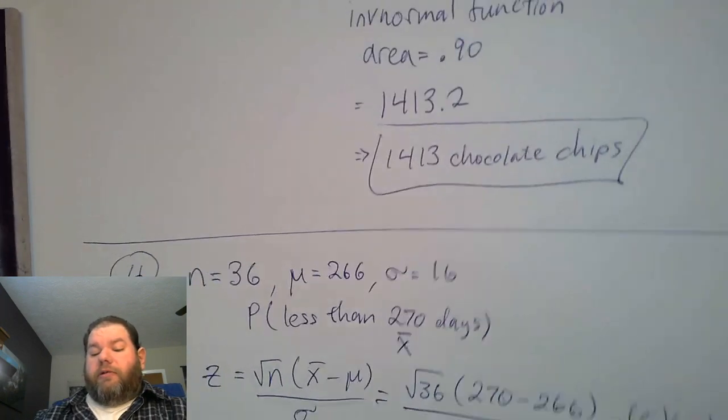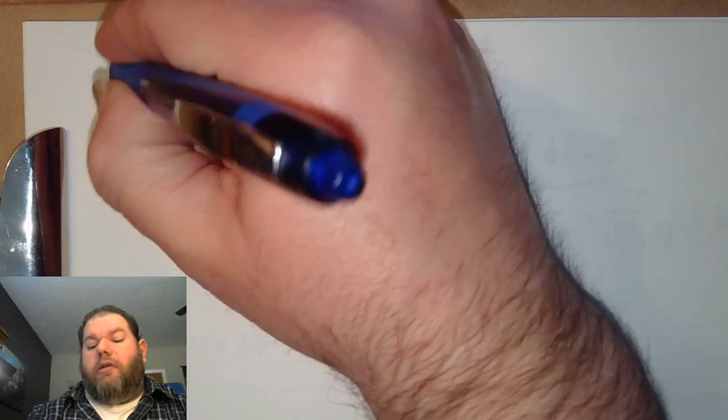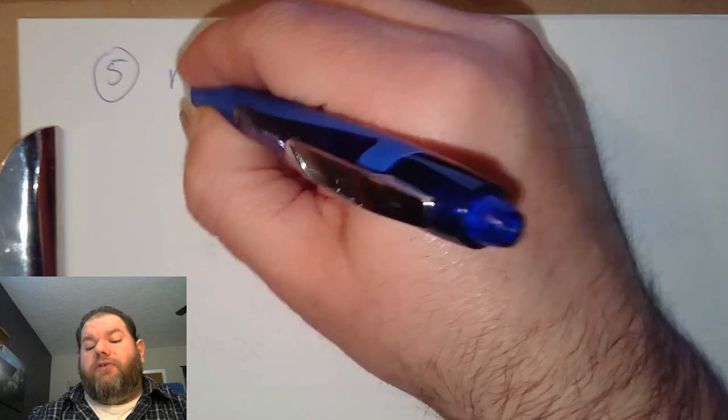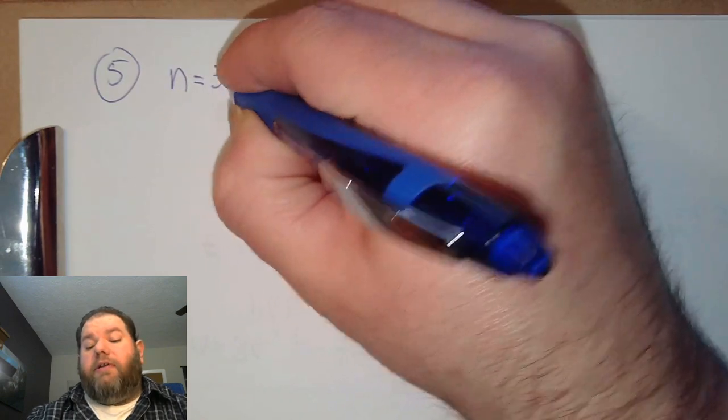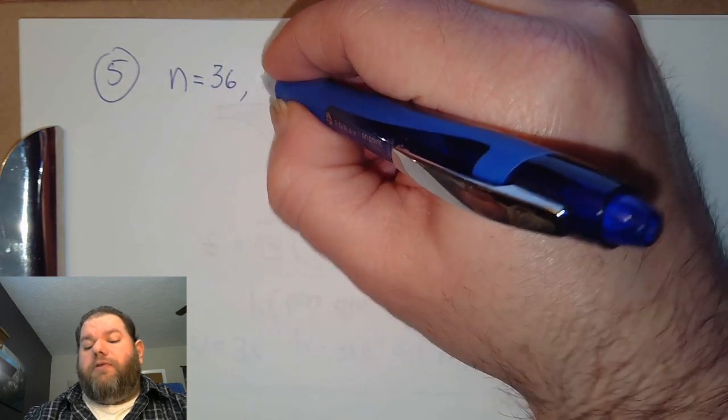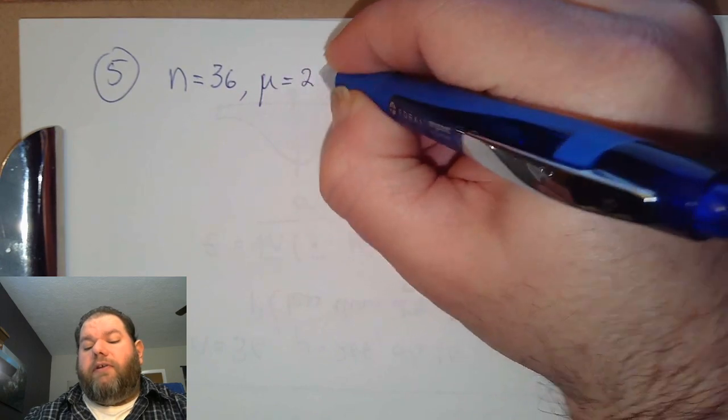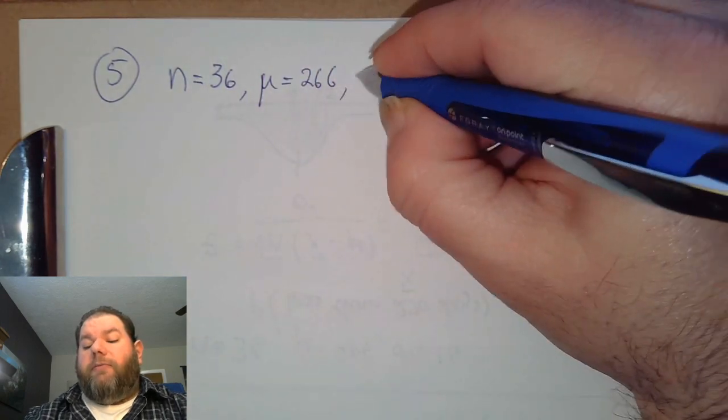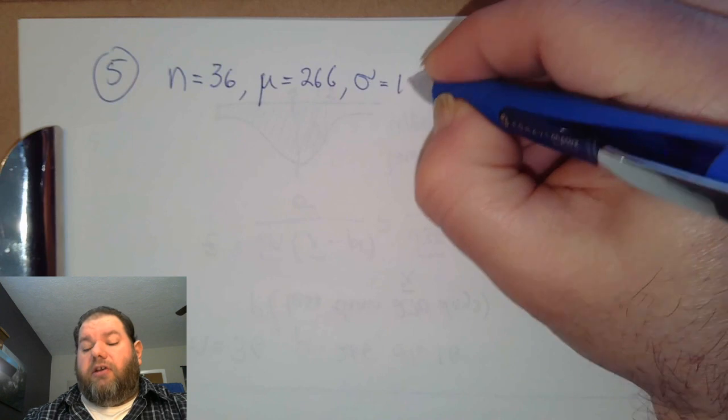Flip this over. So we have the same information. N is still 36. Mu is still 266. And sigma is still 16.